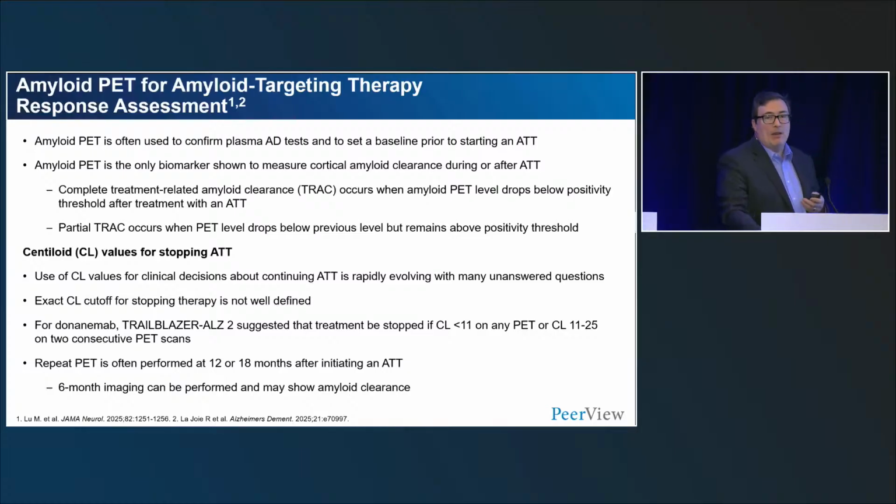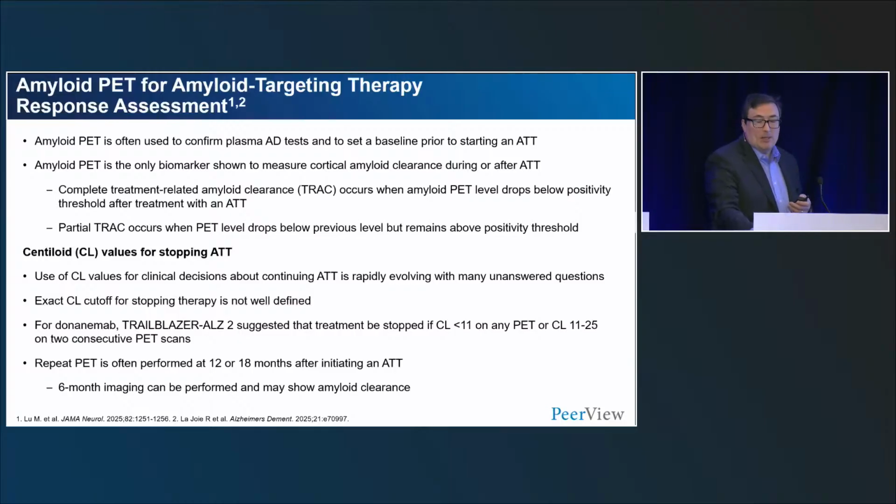So even when we have positive plasma biomarkers, we're typically doing amyloid PET, partly to confirm and partly to set a baseline. And currently, amyloid PET is really the only way that we can measure amyloid clearance and make treatment decisions around amyloid-targeted therapy. Complete treatment response occurs when amyloid PET drops below levels of positivity after treatment.